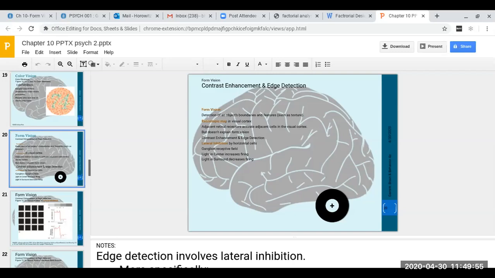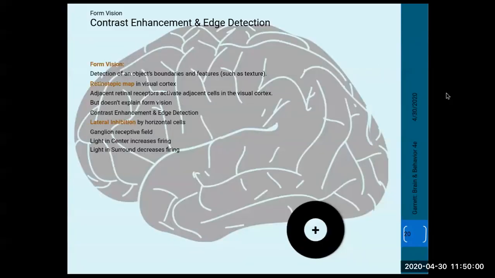Getting into what we're going to talk about this time around is form vision, which is more about input from the rods than it is from the cones, which deal with color vision. So when information comes from the visual system to the primary visual cortex, or what we know as V1, it's very elementary information before it goes to secondary and higher order associations.